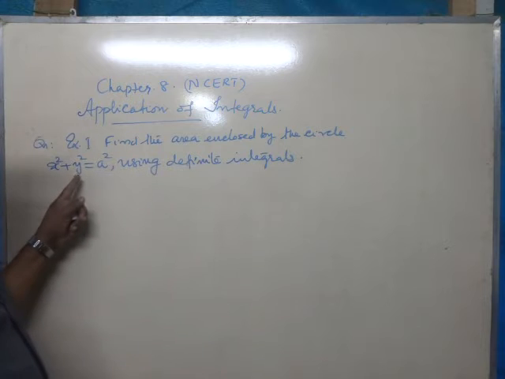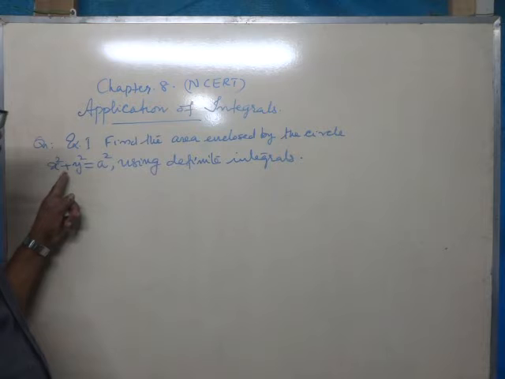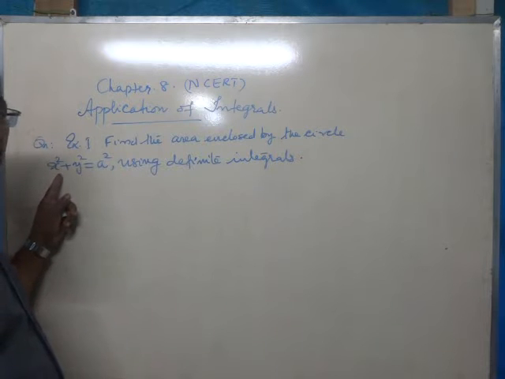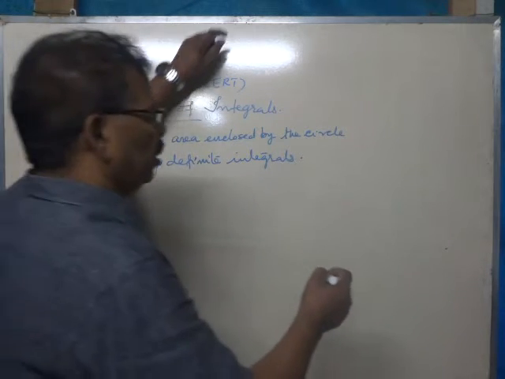You know, the circle is centered at the origin. That is why it is x square plus y square equals a square. We shall draw that circle.